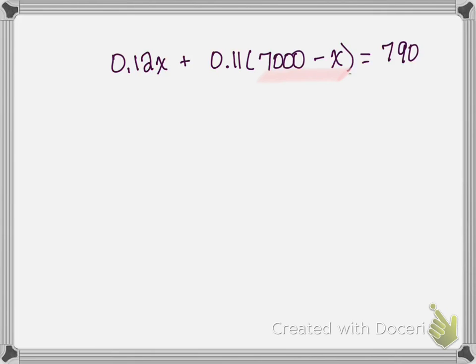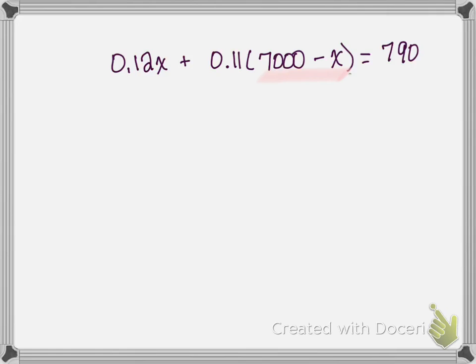Okay? That 7,000 minus x is one quantity. It is all together. Until we distribute, that 7,000 minus x is one factor. Okay? That's what we're thinking about here.